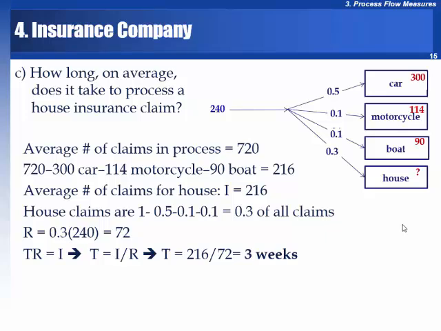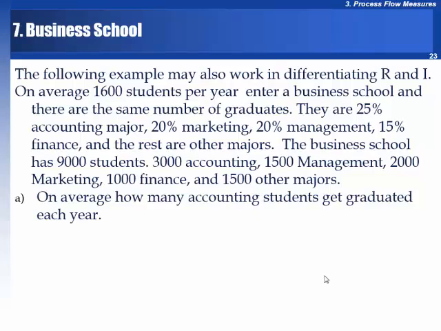Therefore, the flow time for house insurance claims is 3 weeks. The problem that we solved is exactly like this problem, correct? So I would like you to quickly go through this problem and solve this one too. It is exactly the same as the other one.